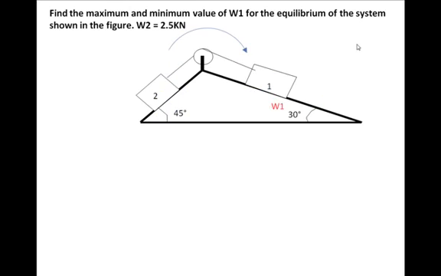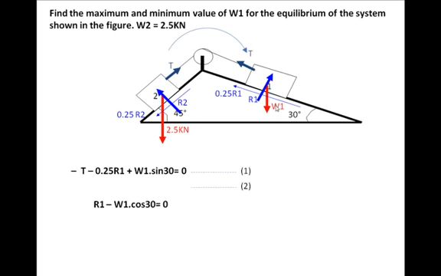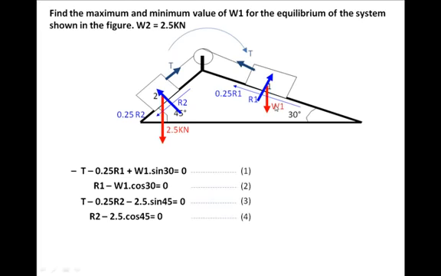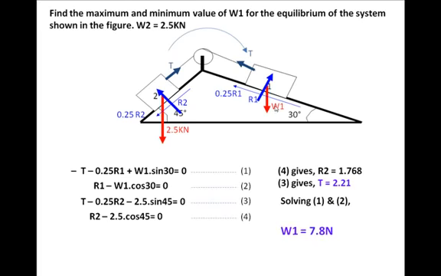So the only difference in the whole game will be the direction of friction. It will oppose, you see, this tendency of motion. Rest all will be exactly similar. What I mean is equation writing and then solving and then getting the value of W1, which is 7.8 newtons.